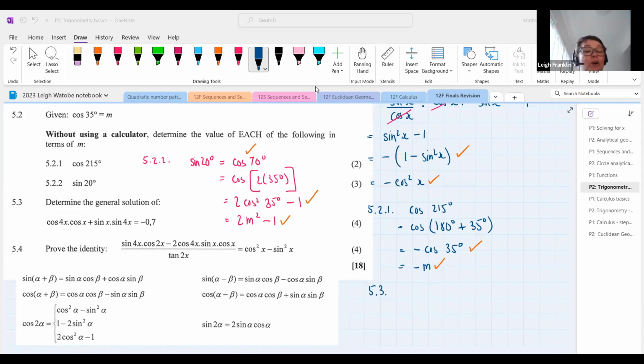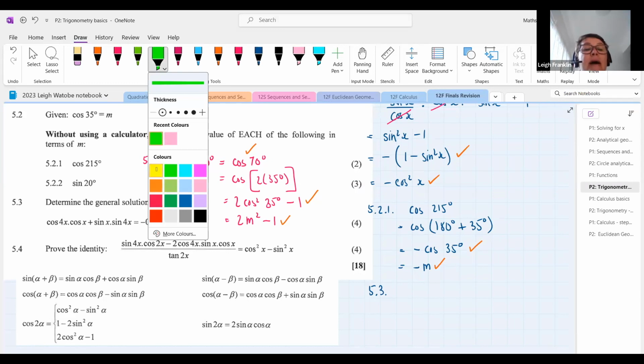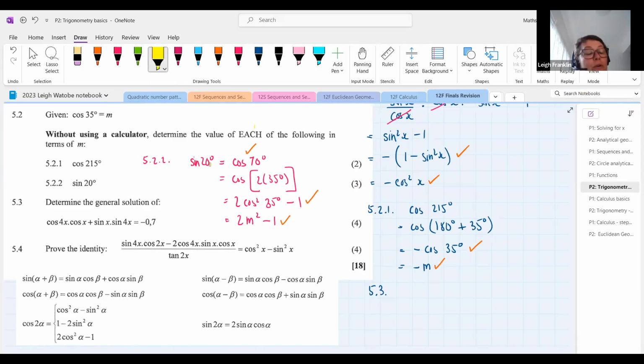So if we look at our cos compound angles down here, we know that cos cos goes cos, so we've got this one over here or that one over there. We can see that there is a plus in the middle, so it has to be the one on the right.